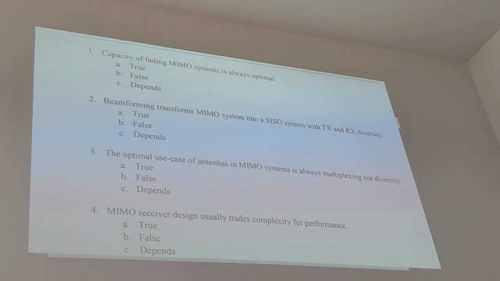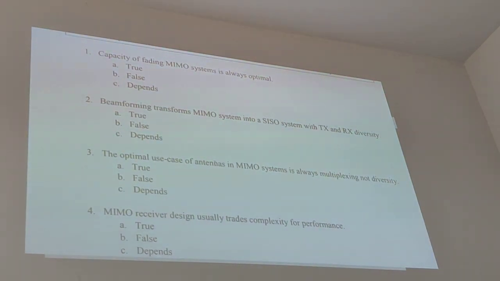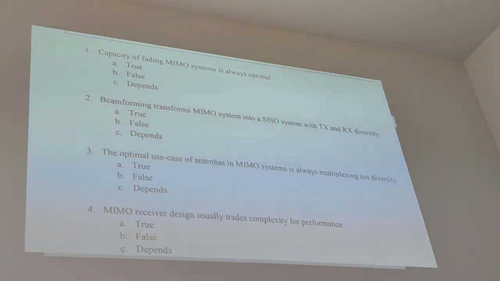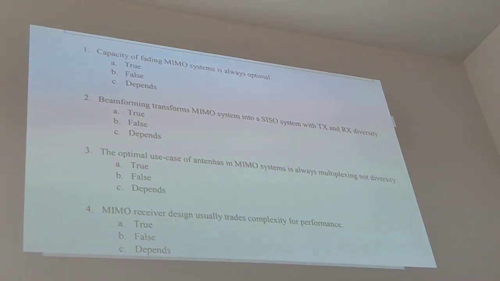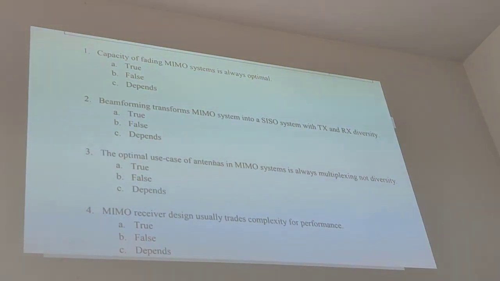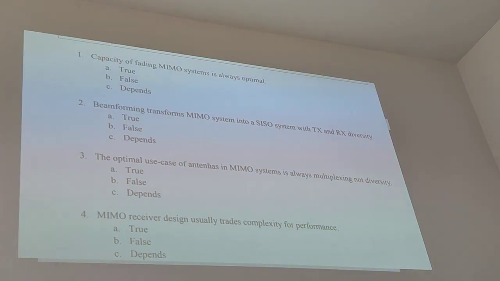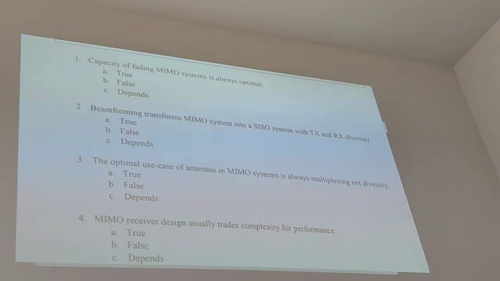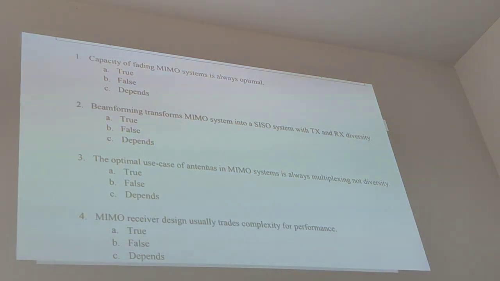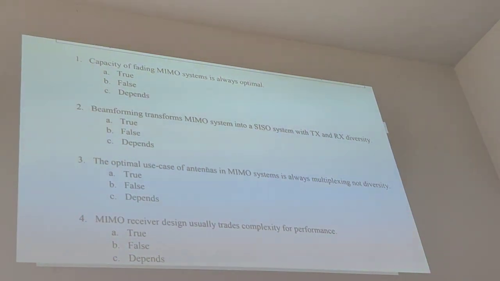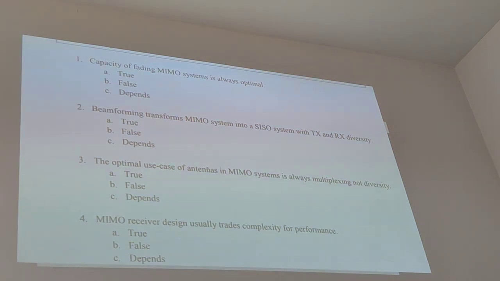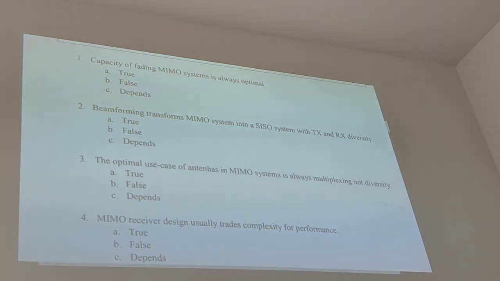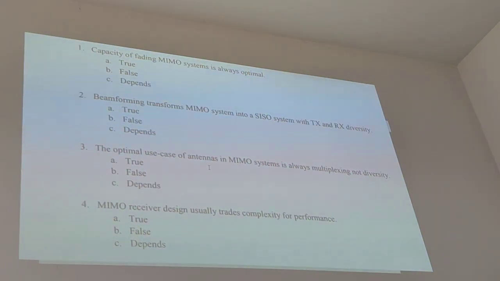And question 4, MIMO receiver design usually trades complexity for performance. That's right. The more complex the receiver structure, the better the performance will be, and the less complex, the worse. For example, zero forcing is simple, but the bit error rate is not very good. But maximum likelihood is very complex, but the bit error rate is very good.